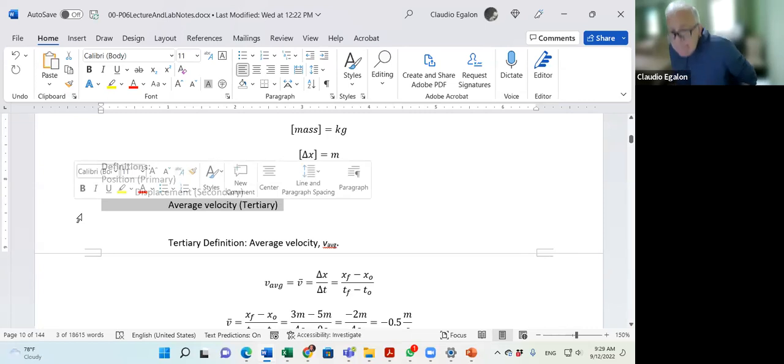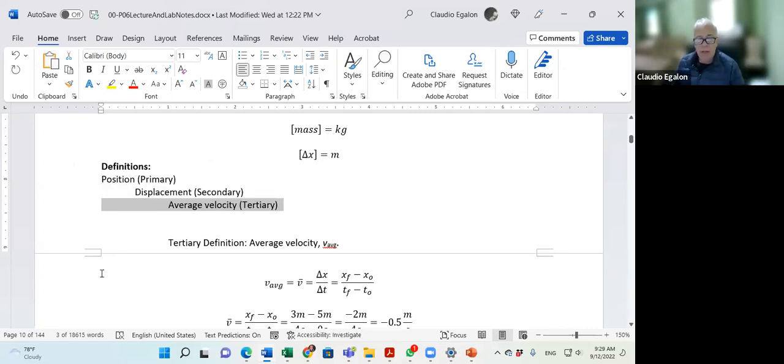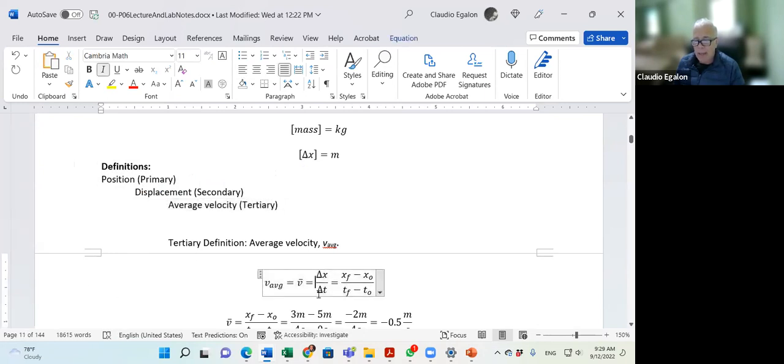The definition of average velocity is the displacement over time. Some books represent the average velocity by this symbol. Other books represent it by this other symbol, with a bar at the top of the letter. The definition of average velocity is delta x over delta t.